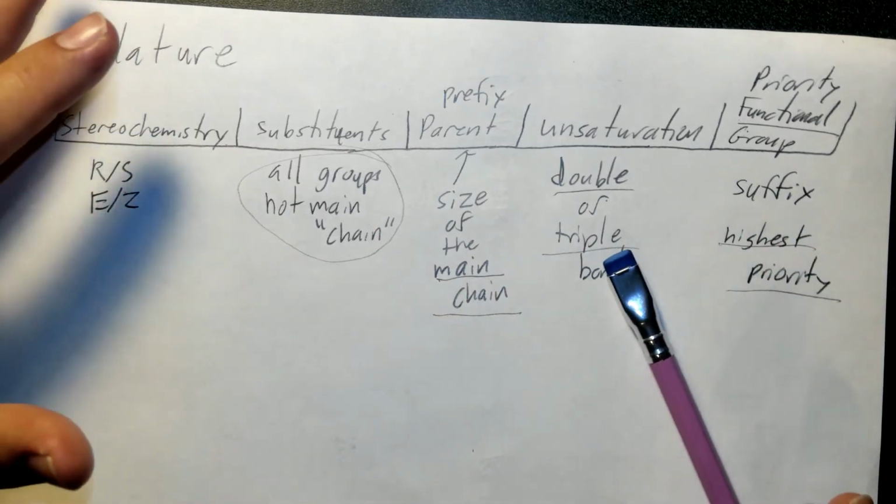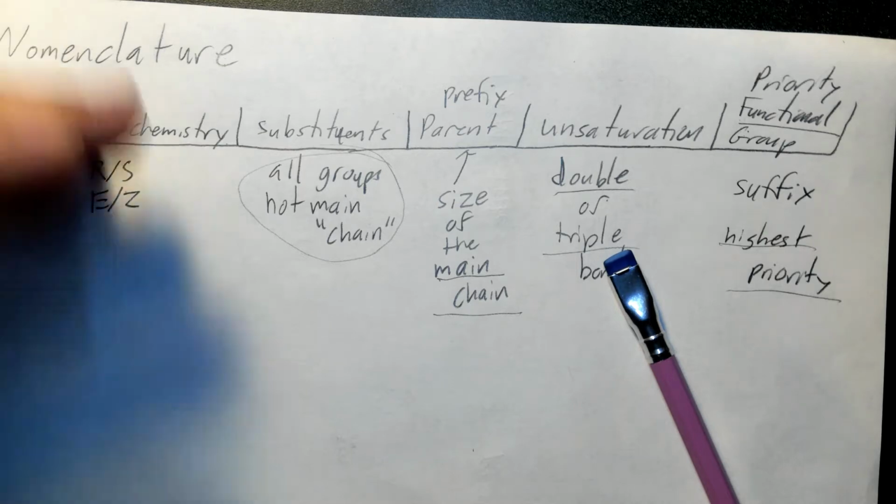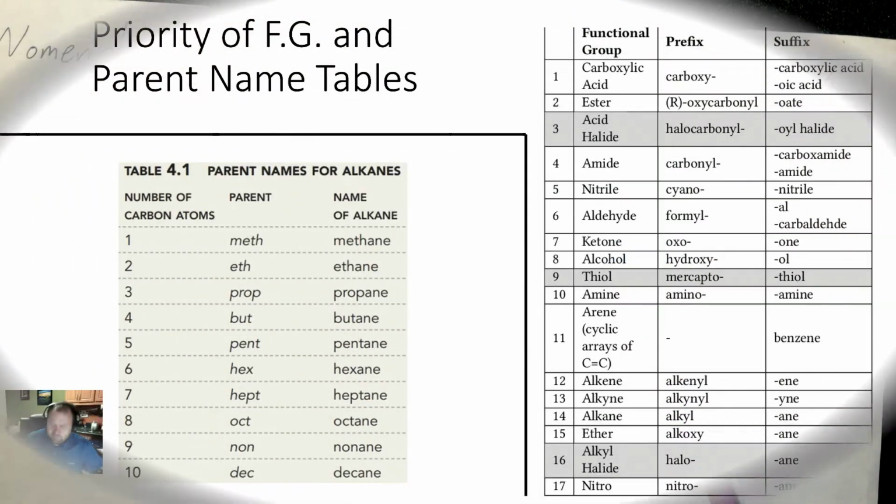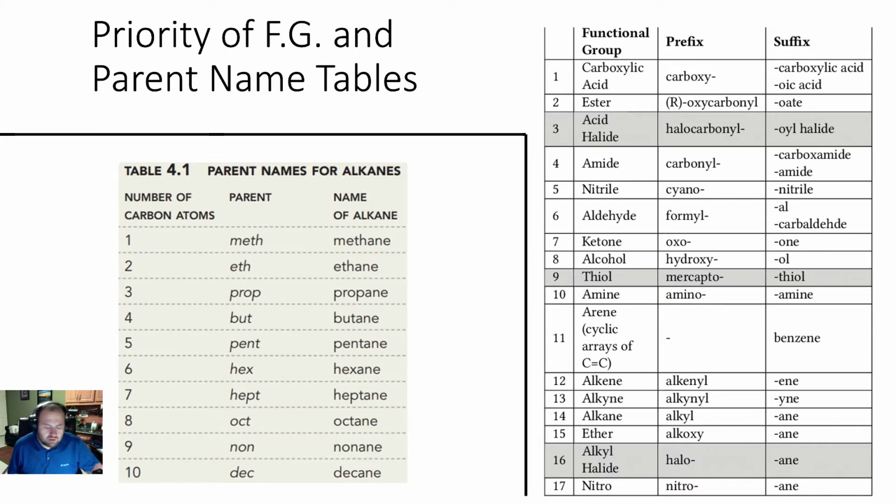Let's just go through some of this information that you have to have in order to do this. Before explaining some of the more details about substituents, the suffix and the prefix of the parent chain, the suffix being the highest priority functional group and the prefix being the length of the main chain or the longest chain, let me just point out that these ideas are memorized ideas because they're not innate skills.